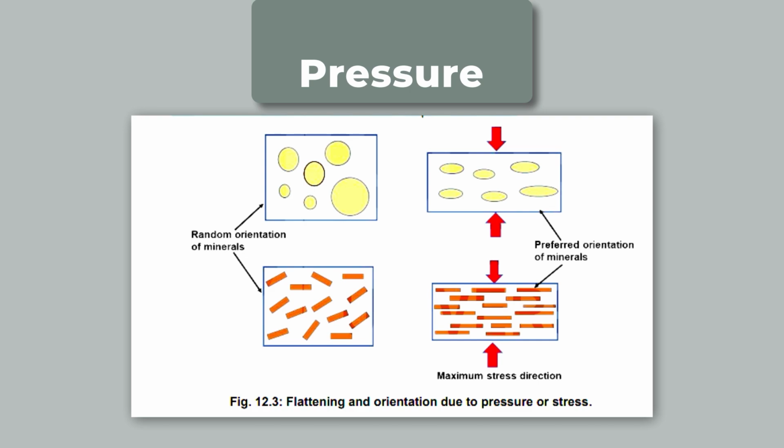And because of the weight of the overlying rock, there is pressure and there is preferred orientation of minerals. These get oriented in the direction of maximum stress. So you can see flattening and orientation due to pressure or stress.